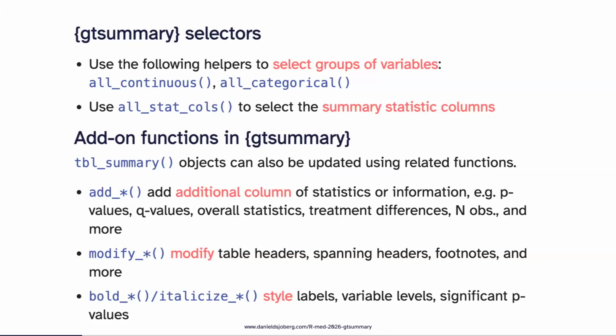Then you have your modify family. With the modify family, you just pipe whatever came out of tbl_summary straight into a modify function. That will help you change your table's headers, the spanning headers, the footnotes, bolding, italicizing, and more. And then we also have some very bespoke bold and italicize functions for styling, but you could also more generally control them from the modify, bolding, and italicizing functions as well.